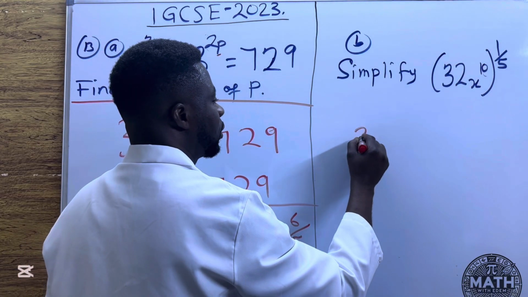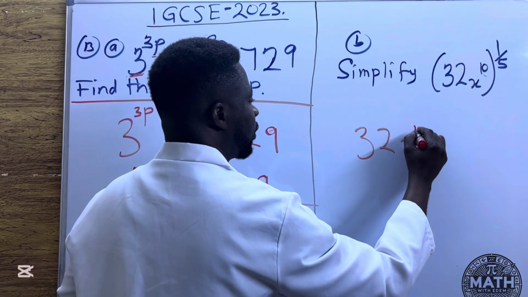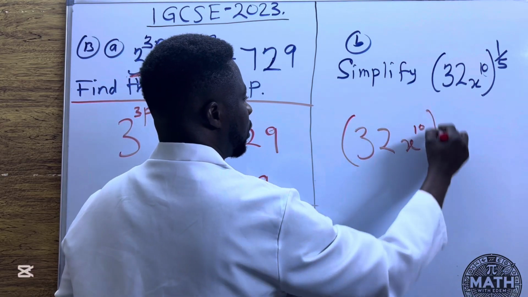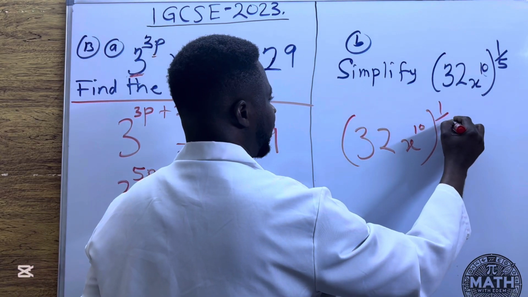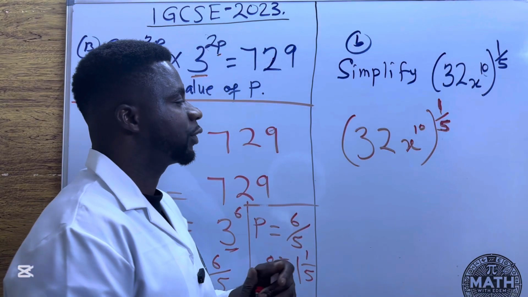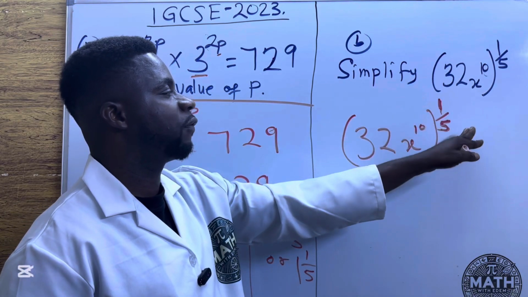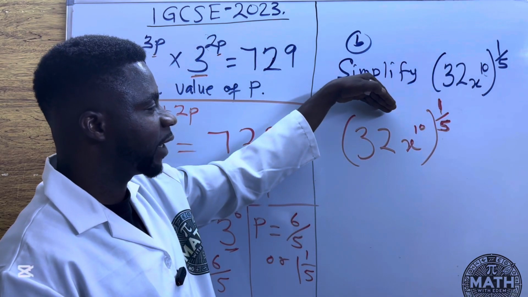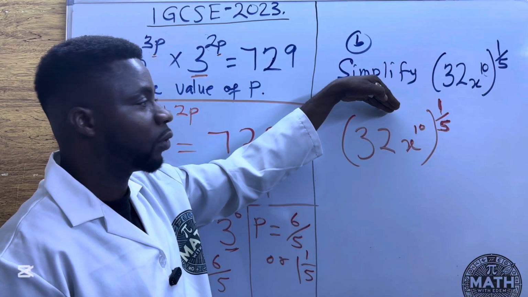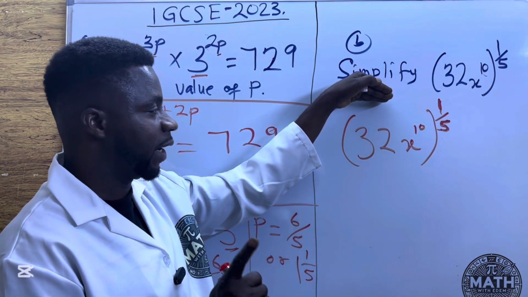So we have 32x to the power 10, all in parentheses, and then to the power 1/5. What we are going to do is, because the number here has a power of 1/5, we are going to look for a number that will have the same power as 5. Okay, so we are going to look for a number that will be raised to the power 5.